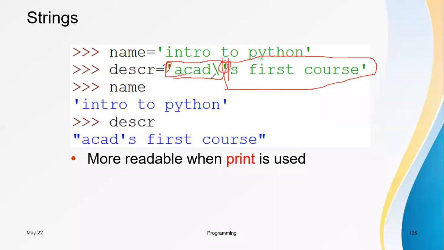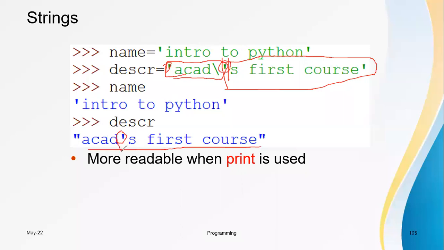But I don't want that to happen. I want the entire sentence to be one string. Unexpectedly, one single quote is there in between, and I don't want my compiler to read this.